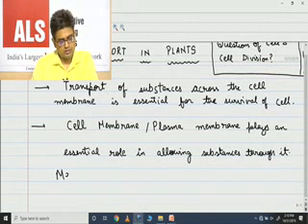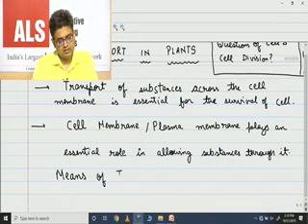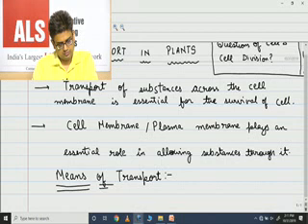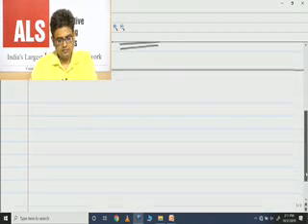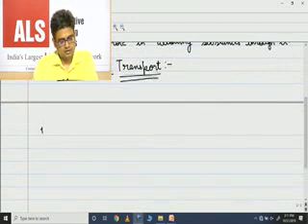Means of transport. What are the ways that substances can move from one place to the other? Means of transport. Number one is diffusion.